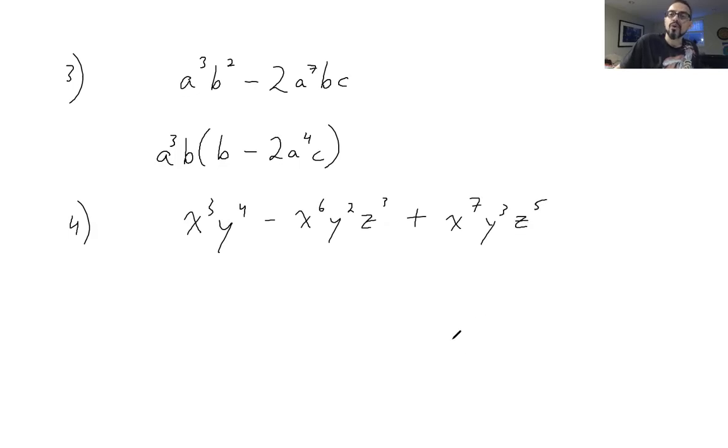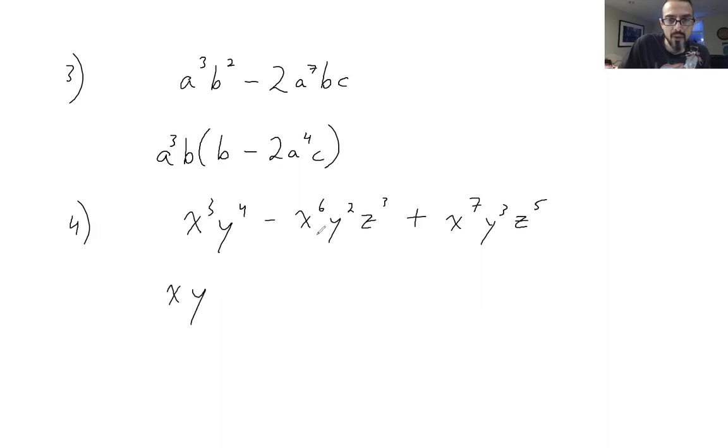Okay, so questions you should be asking. How many terms are there? What variables are common between the terms? There's 3 terms. The common variables are only x and y. Z is not common to all 3 terms. So I can only take out x and y.